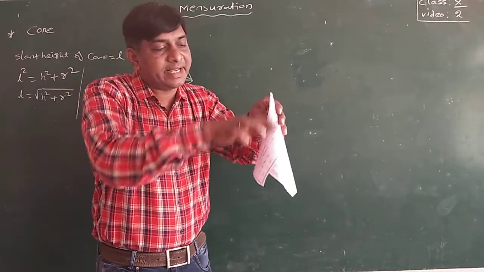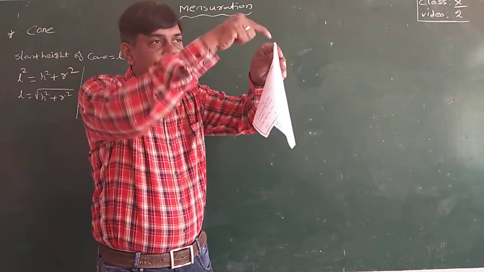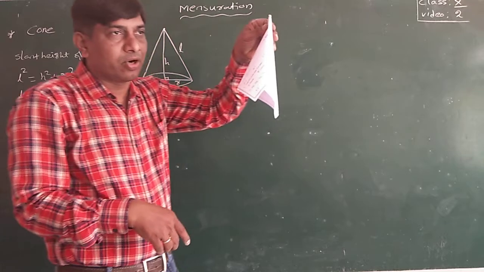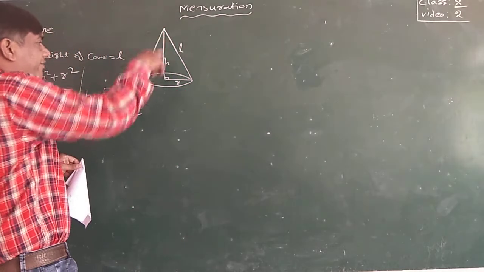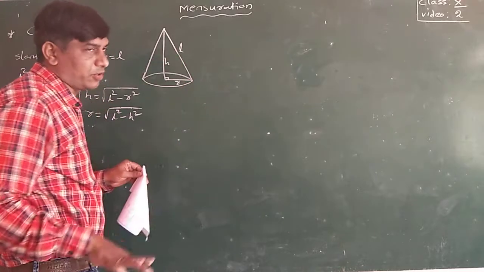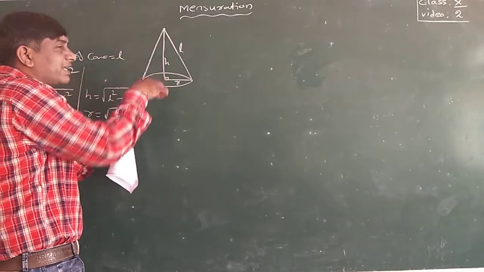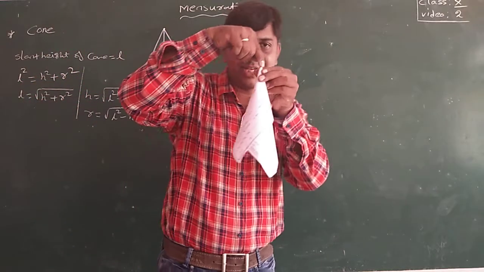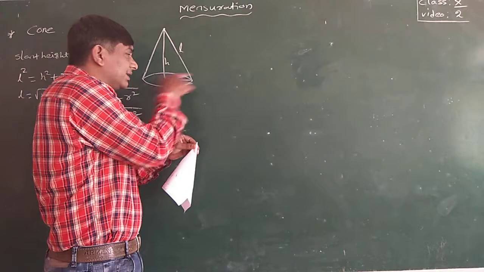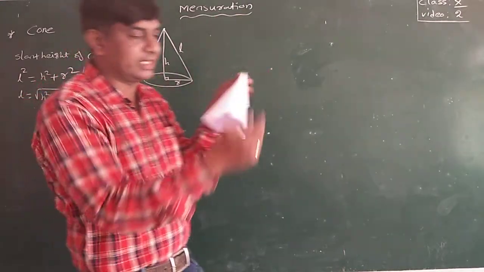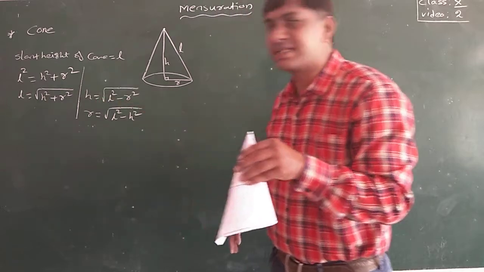This is called the slant height, and from the vertex to the center is the height of the cone, and this is the radius of the cone. Both are different. Height of a cone means from the vertex to the center of the base. This is the slant height, and from the center to the other end of the base is the radius. Now L square is equal to h square plus r square.